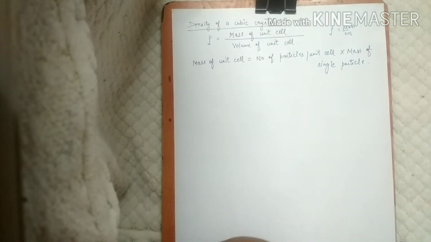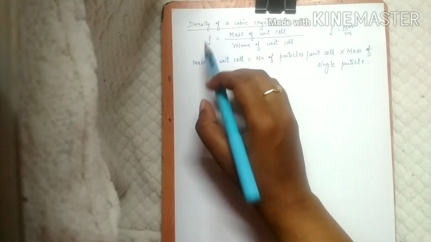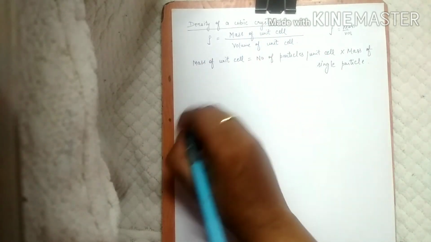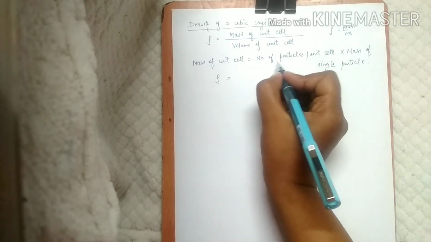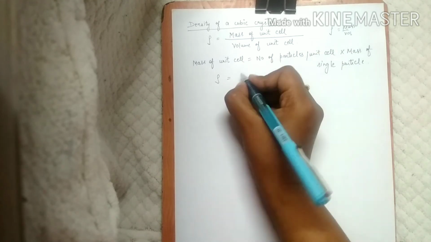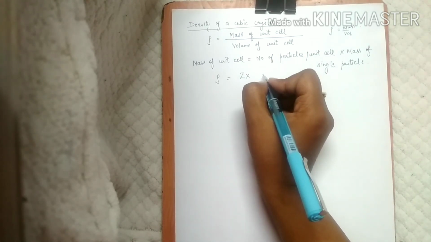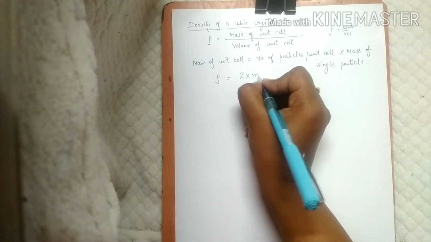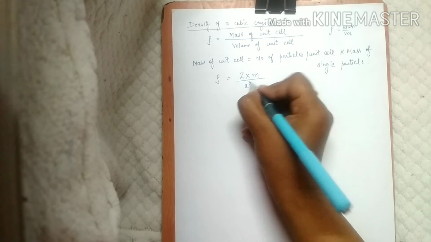Right? So now if we want to frame the formula of density using this information, then we can write density will be equals to number of particles per unit cell represented by Z into mass of single particle, suppose mass of single particle is small m, upon the volume of cube, that will be equal to a cube.